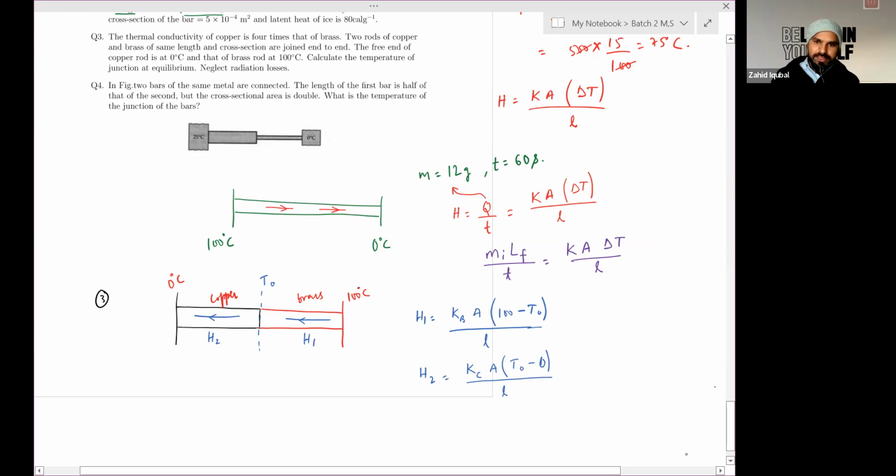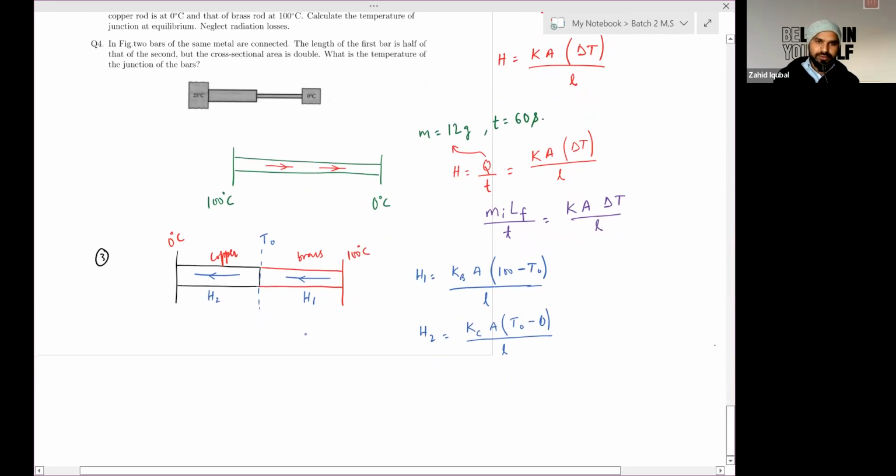Since this combination is series, heat current will be same for both. So H1 will be equal to H2. Now Kc A divided by L into T0 minus 0 will equal Kb into A divided by L, temperature difference 100 minus T0. A by L cancel out.